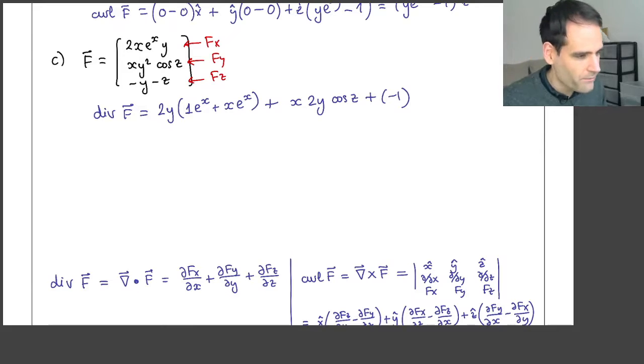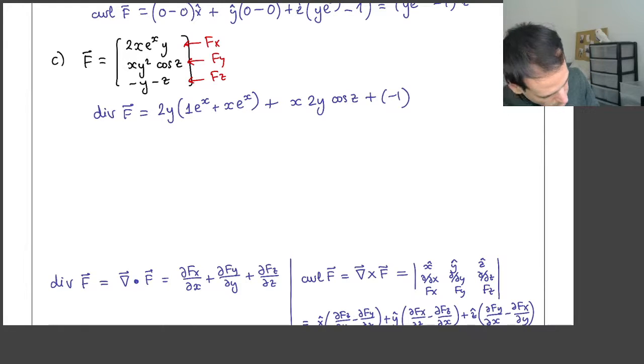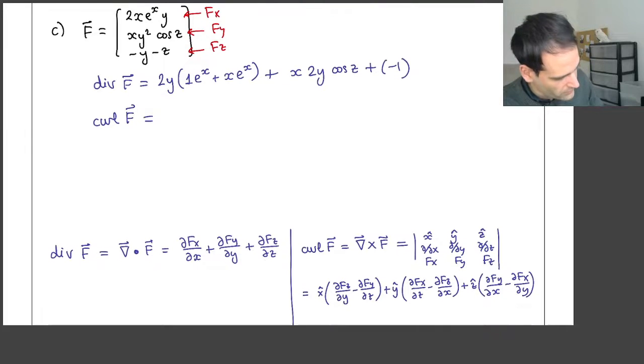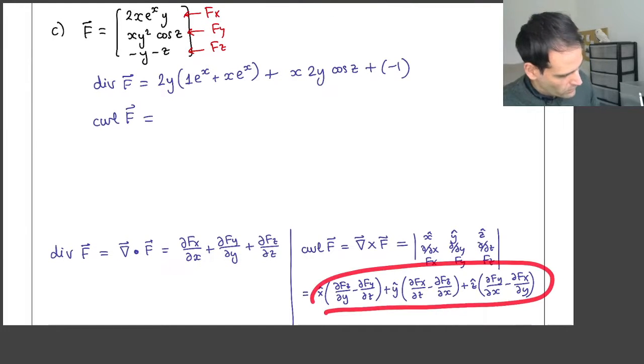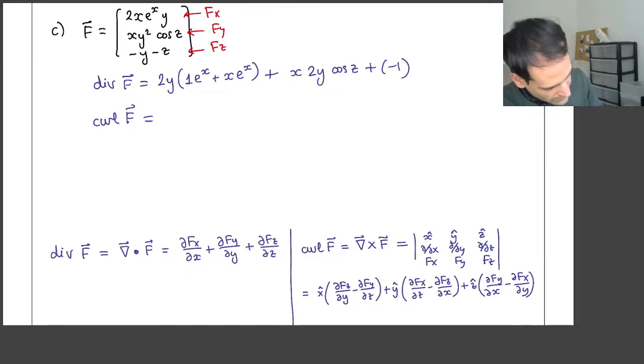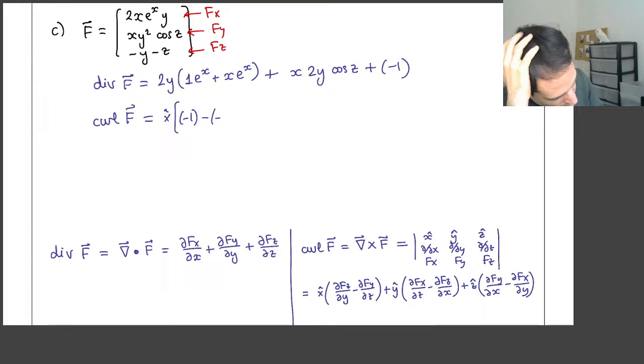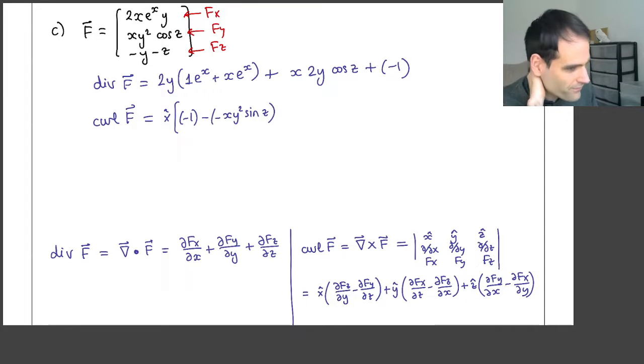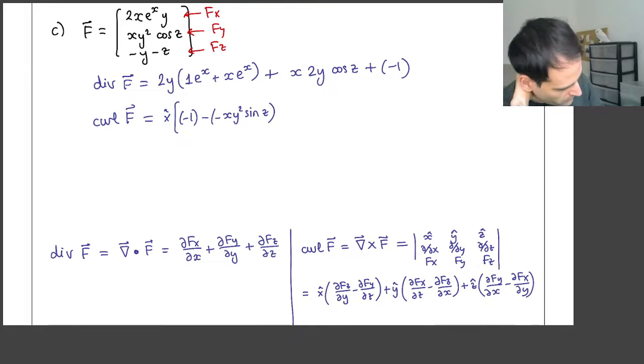And now finally, the curl of f. And we have here the recipe. So it's x hat times partial of fz with respect to y, that's minus 1, minus partial of fy with respect to z, that will be minus x y squared sine z. Yes.